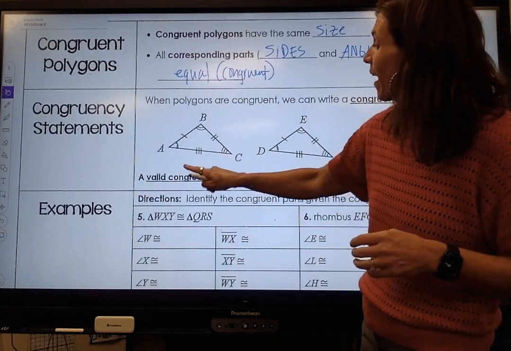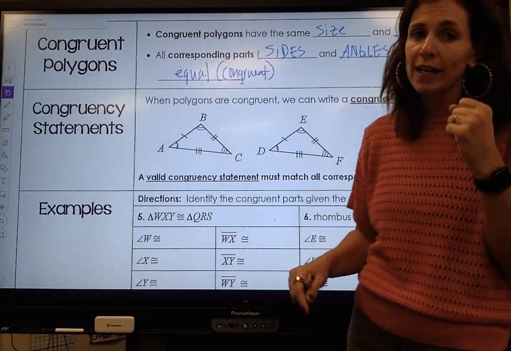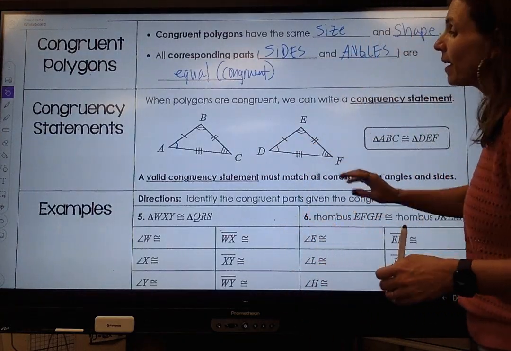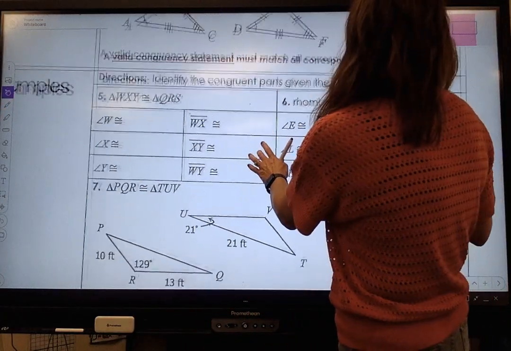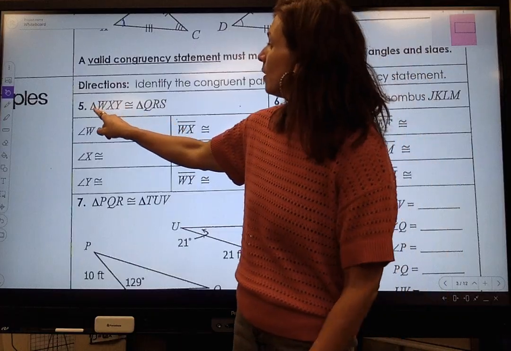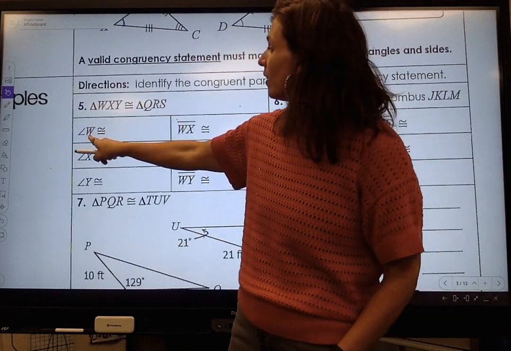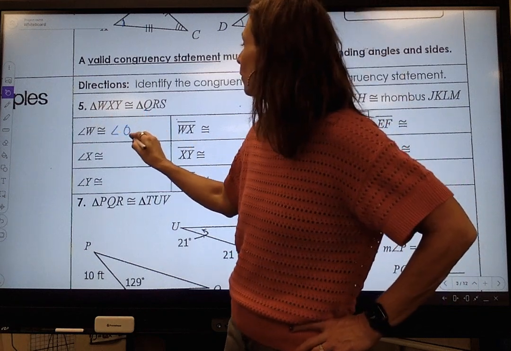So a valid congruency statement must match all corresponding angles and sides. So let's take a look at number 5. Because I am making this statement, triangle WXY is congruent to triangle QRS, angle W is going to be congruent to angle Q because it's in the same order.